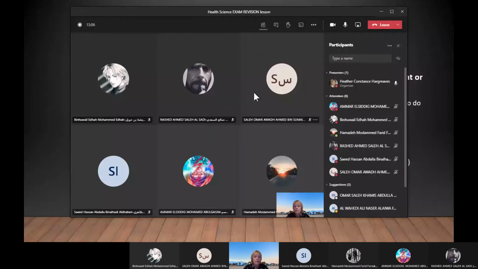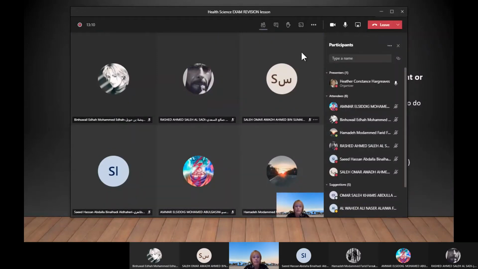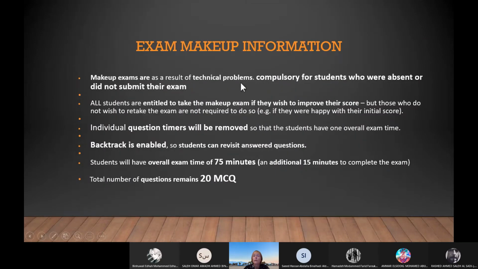If you wish to go to your Arabic revision lesson, that's fine, but we'll carry on with our health science revision now. Just to reiterate what they have told you, the question timers will be removed for this exam. You will have one overall time for the whole exam.